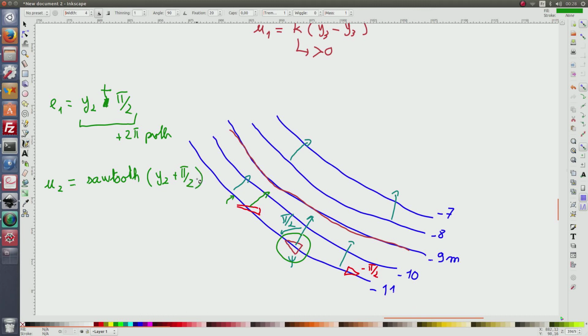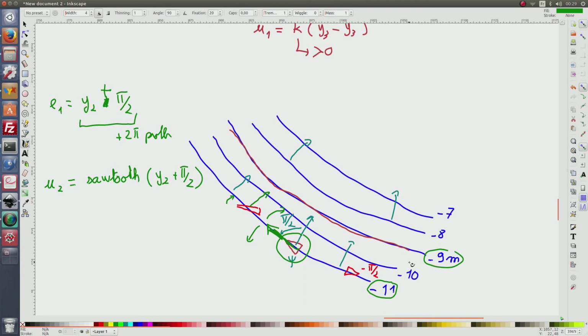Now, if I'm not on the right isobath, I will have to correct it. For instance, if I am in this situation, I'm not on the isobath, so I will move the direction where I am going, where I want to go. I will change on the right or on the left, depending on the difference between the isobath where I am and the isobath where I want to go.